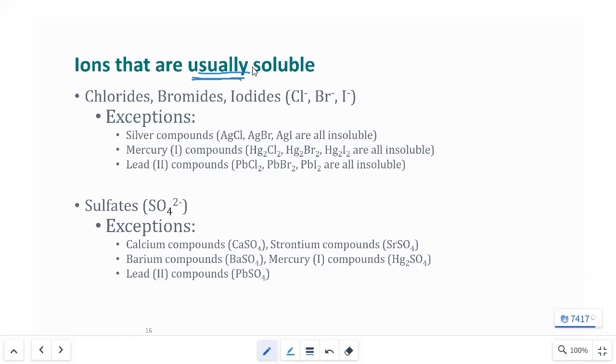But there are exceptions. So in particular, with our chlorides, bromides, and iodides, so our heavy, non-metallic halide ions, they will dissolve in water. But there are three exceptions. There's the mercury 1, there's the lead 2, and there's the silver.